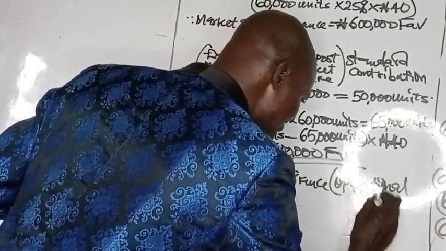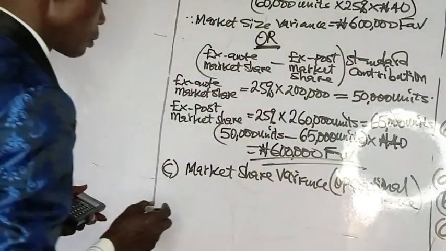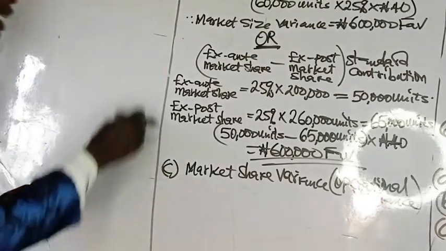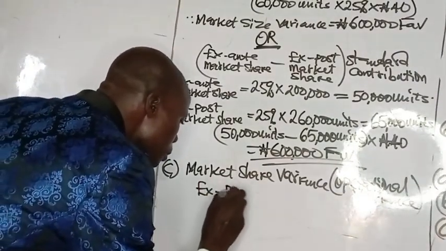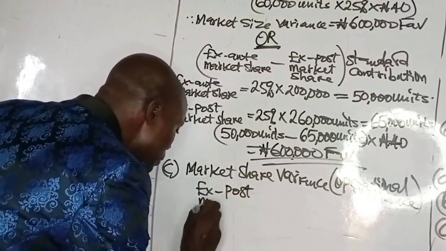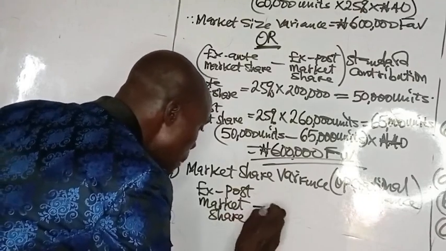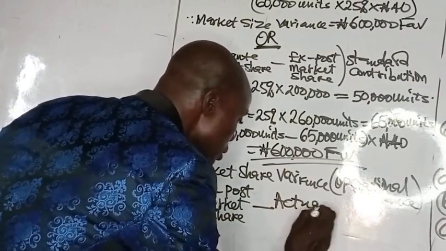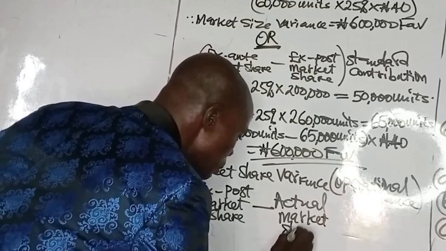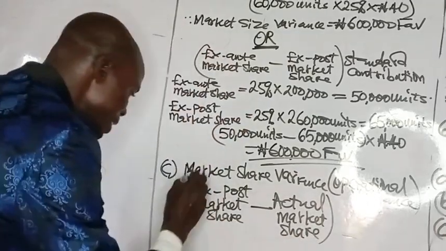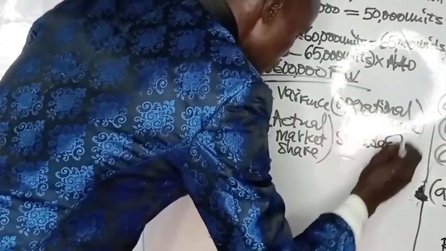Being an operational variance, you are comparing the ex-post market share with actual market share, multiplied by the standard contribution.